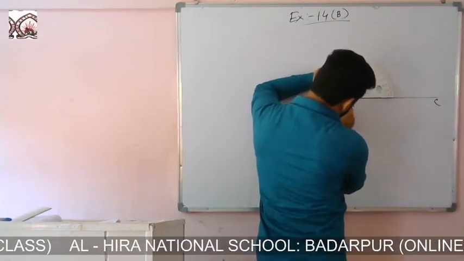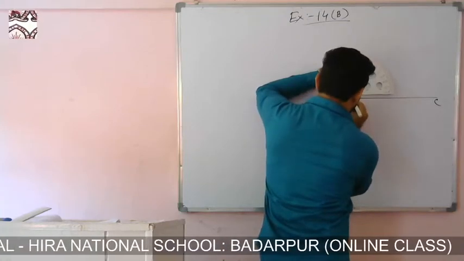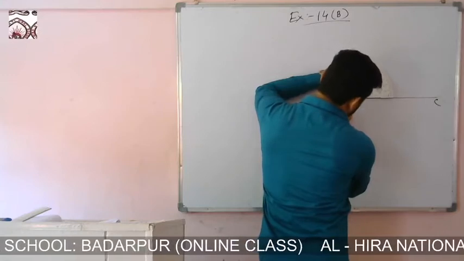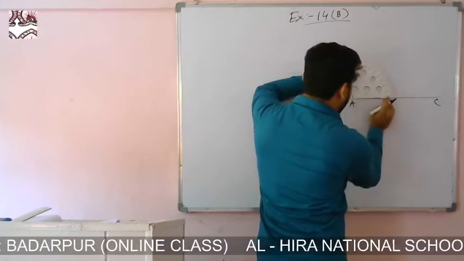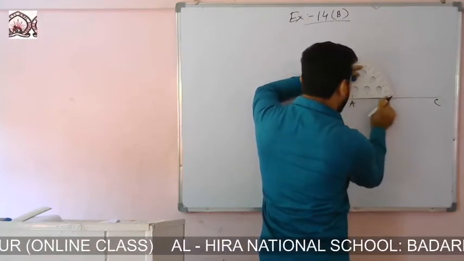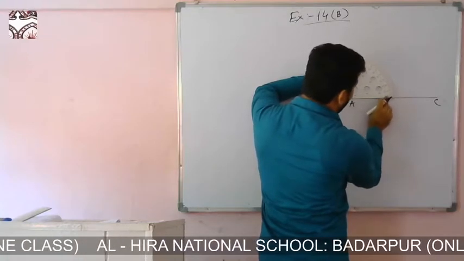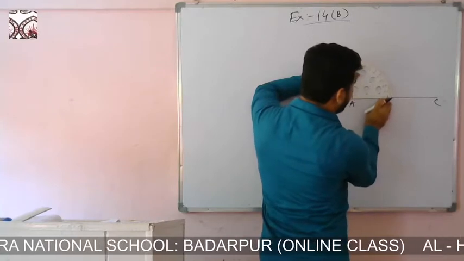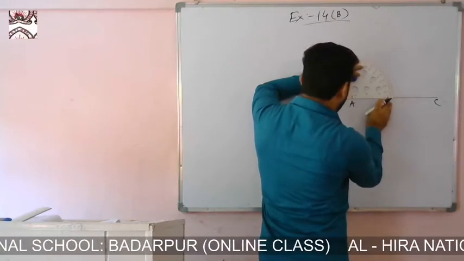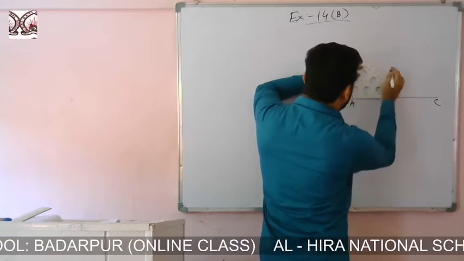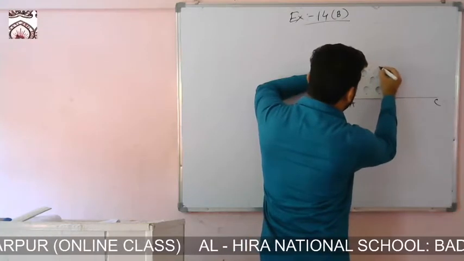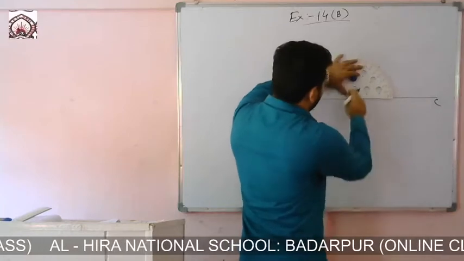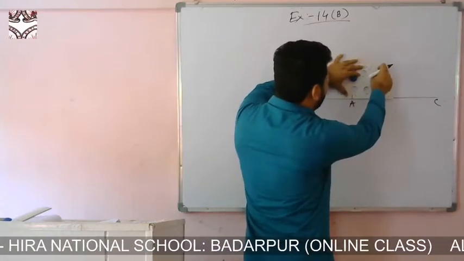Then you place the protractor at point A. The 0 or 180 degree line should coincide with the line segment AC at point A. Then you see 50 degrees there, so you mark this one.